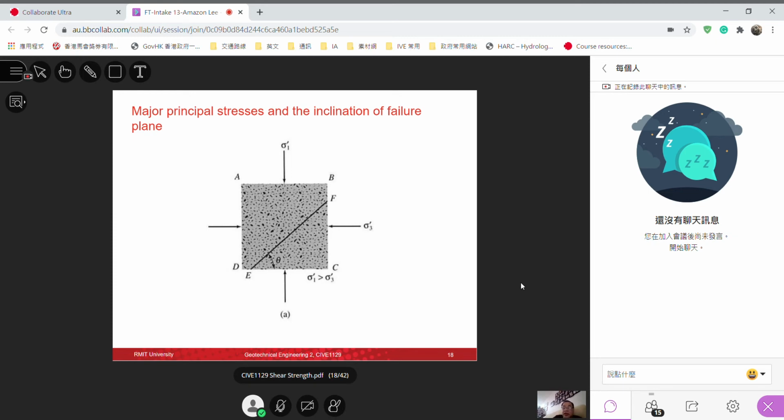Now, as I mentioned before, the failure of the soil is developed across this potential slip plane.